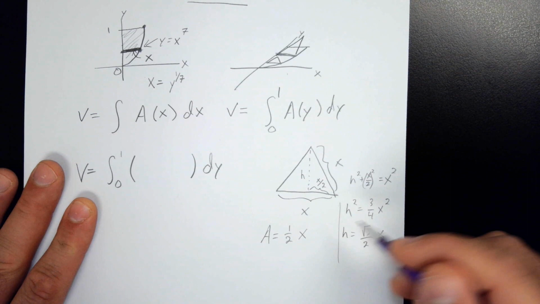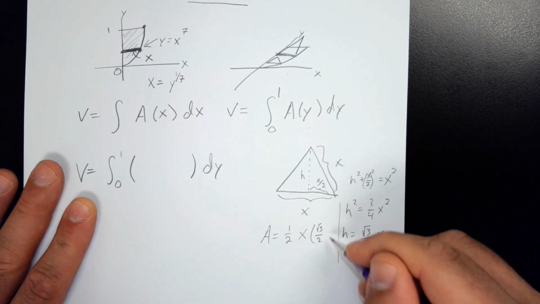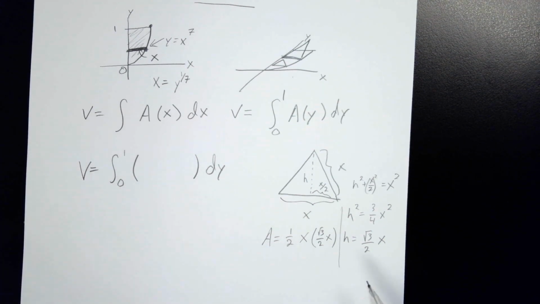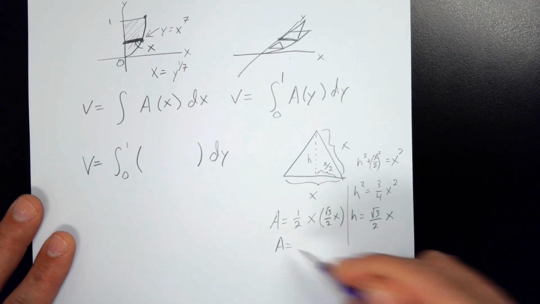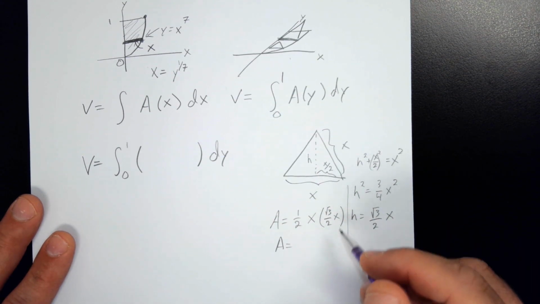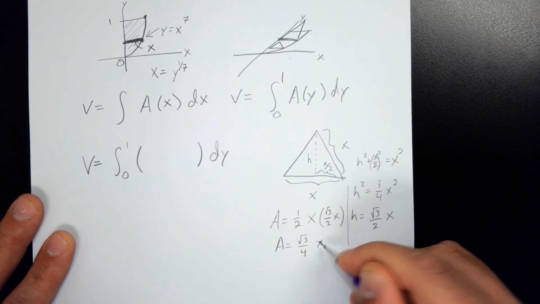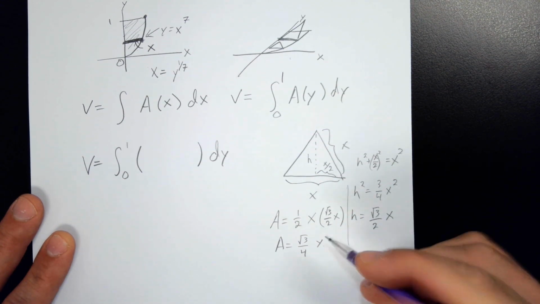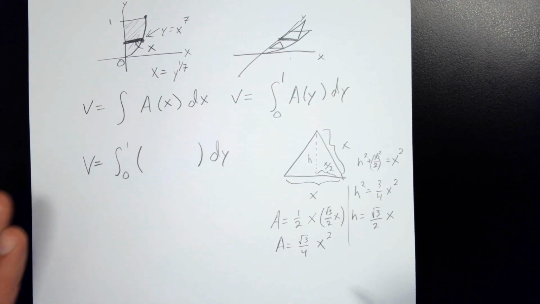So the height should be square root of 3 over 2 times x. That's a non-trivial part to figure out, but the area of an equilateral triangle in terms of its base is square root of 3 over 4 x squared. x times x is x squared, 2 times 2 is 4, and the square root of 3 is right there.